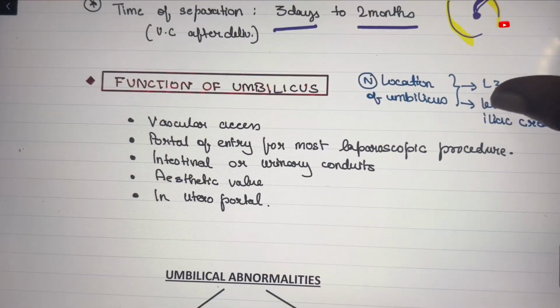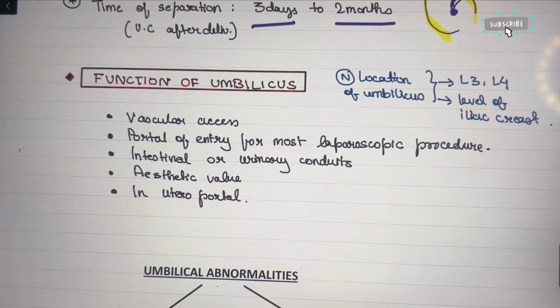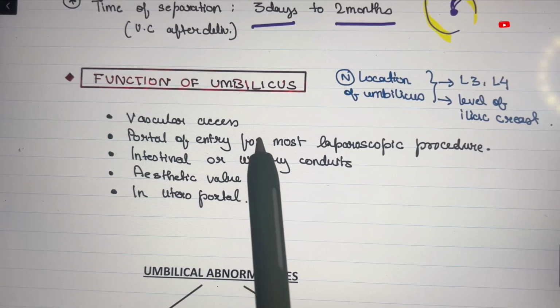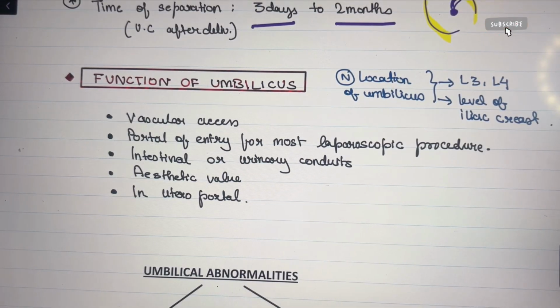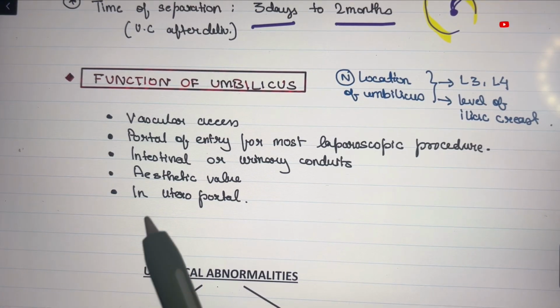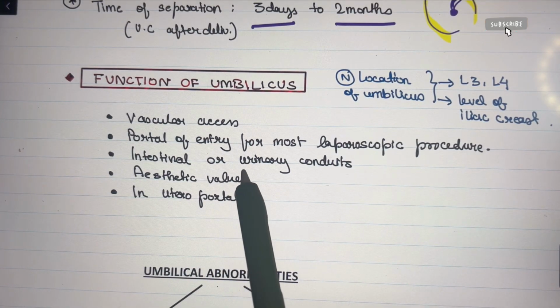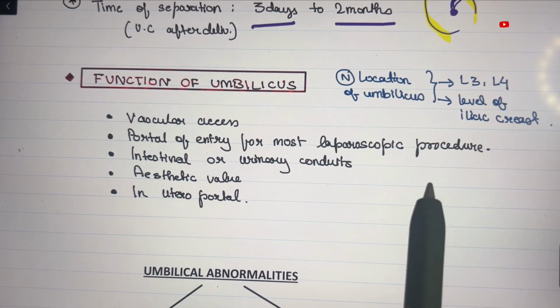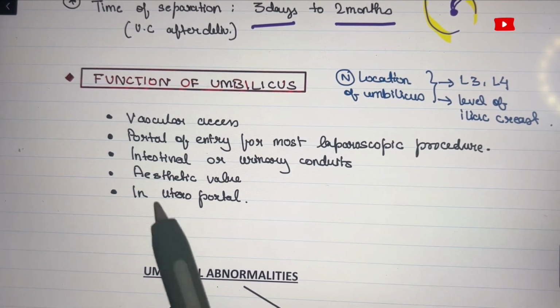Now, the function of the umbilicus. First, we have to know the function of the umbilicus. In children, it is easy to do vascular access; umbilical catheterization is done for vascular access. Second, it is a portal of entry for most laparoscopic procedures; in children, we insert the port in the umbilicus.